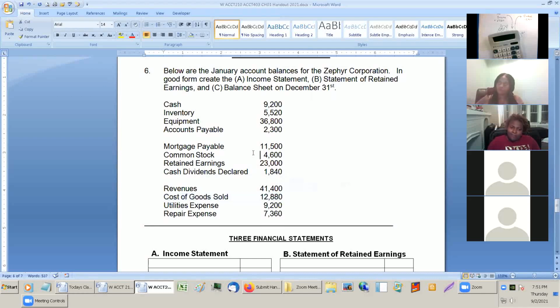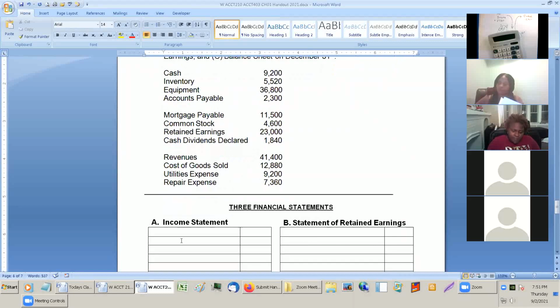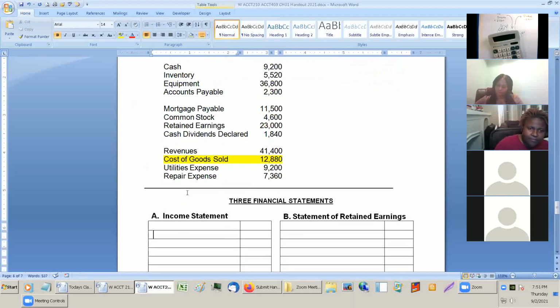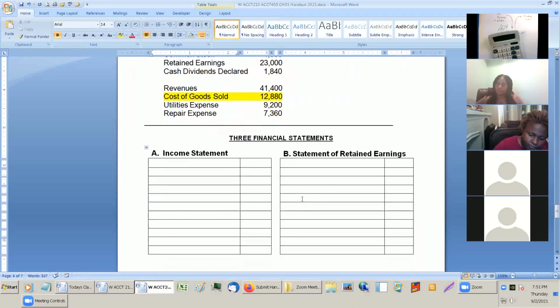We'll do the income statement together, and then I'll let you guys finish the rest of it. The only reason I do the income statement together is this cost of goods sold is a new one. So we'll get started together on number 6, and then we'll do the income statement together, and then you guys can fill in the rest, and we'll go over it next week. Okay, and you don't have to turn this in until I'll change the due dates on this.